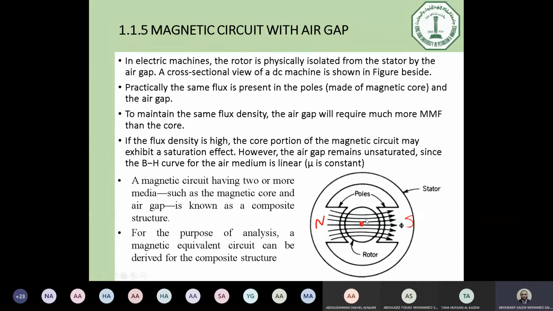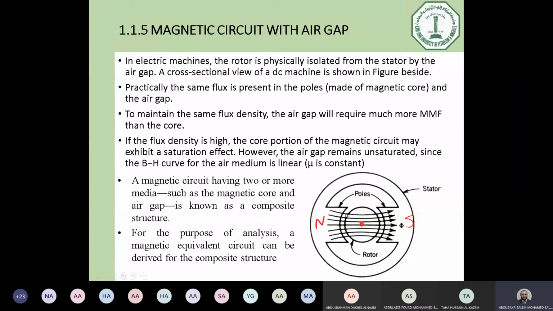As you can see, flux lines are moving from this pole to the other pole. Assume this pole, based on the current direction, is N and the other pole is S. So flux lines are moving from N to S in that way.